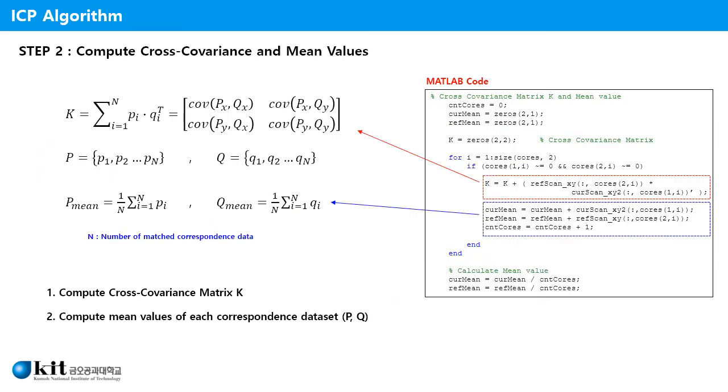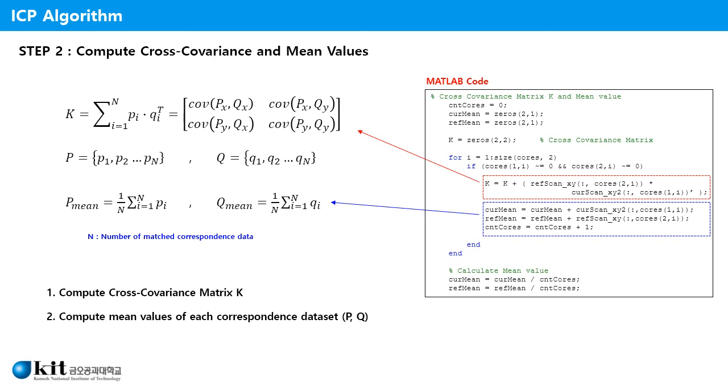In the second step, compute the cross-covariance matrix and the mean values of each P and Q. The cross-covariance matrix shows how the data P and Q are distributed. The cross-covariance matrix can be computed by the summation of all multiplied data P and Q. In this calculation, we have to multiply data based on the correspondence information computed in the previous step.